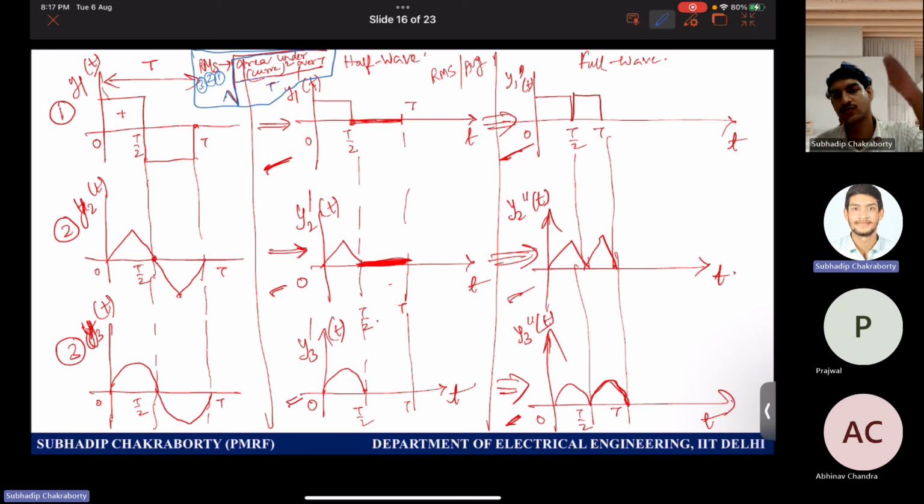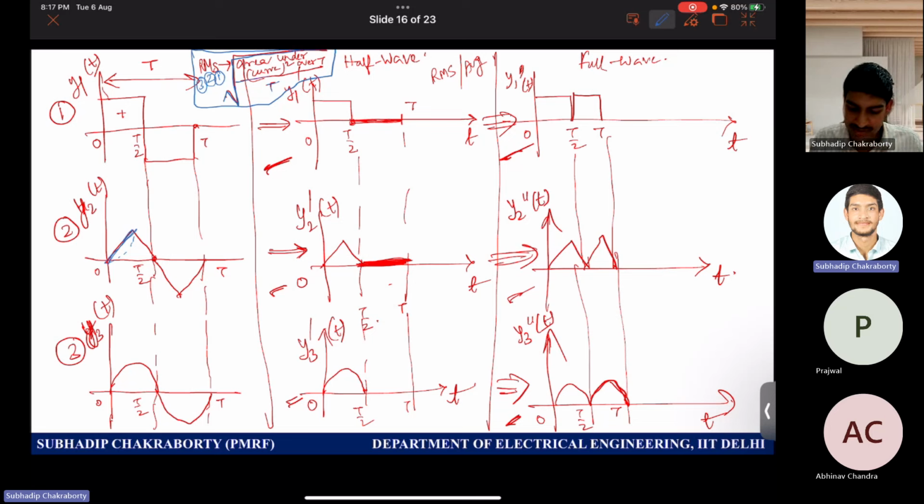You just take the square of the curve. Graphically, you square the curve, how will it look? If it is flat, the square of that will also be flat. If it is a ramp, the square of that will be parabolic. And if it's sine, then sine square is also a sinusoidal signal, but with twice the frequency.